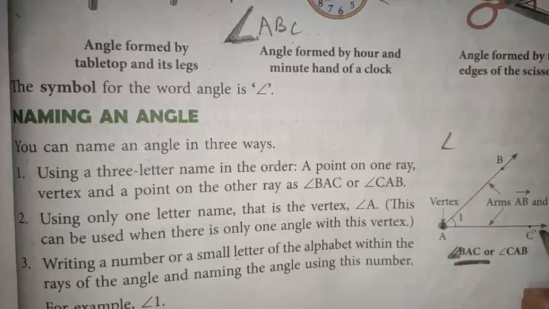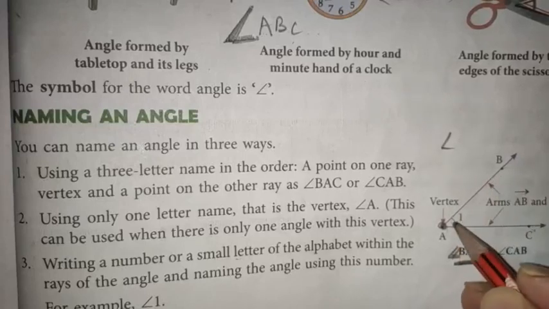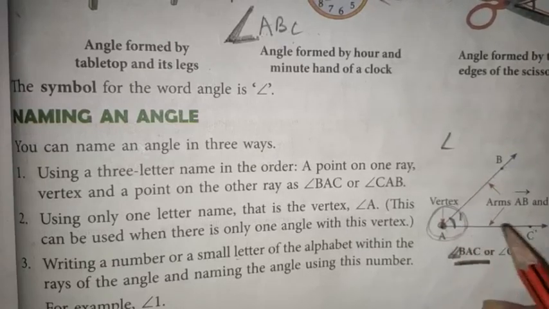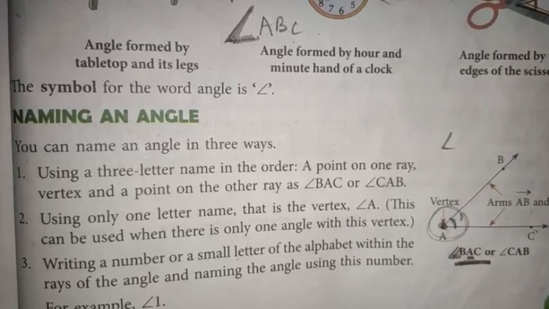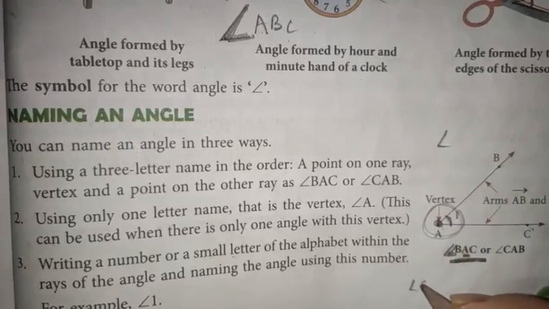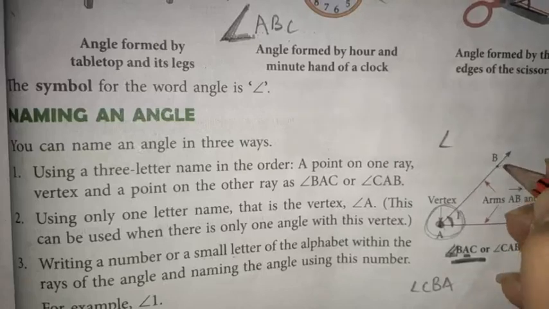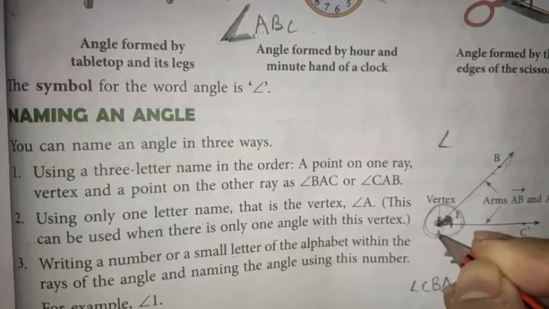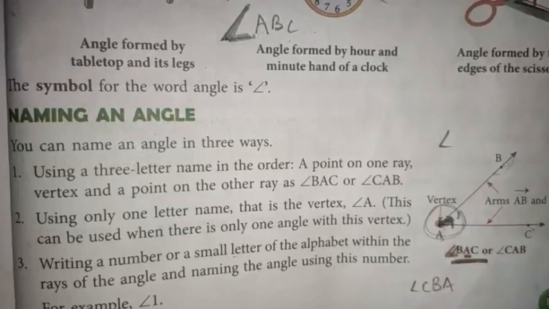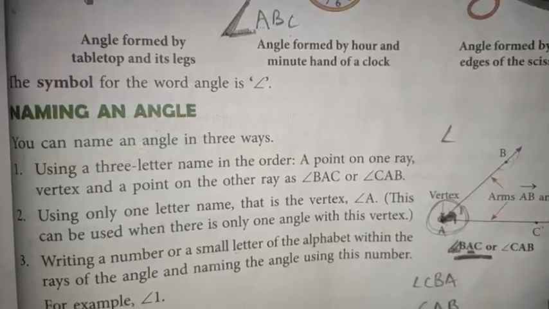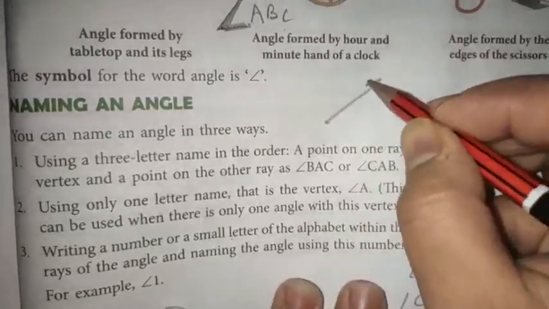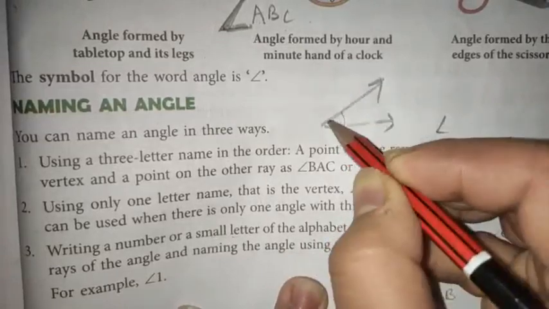Wherever the angle is formed, that should be at the center. You cannot write angle CBA in this figure, because the angle is not formed at B. The angle is formed at position A, so it should be CAB or BAC.